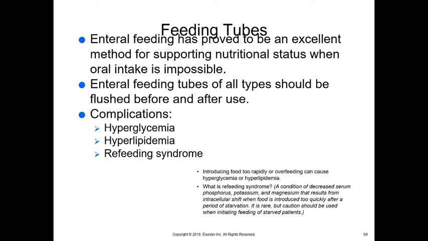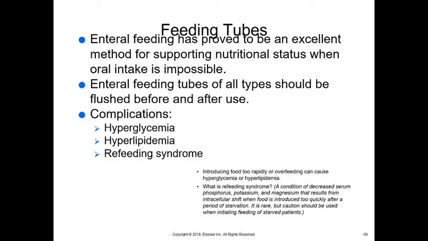We can also cause something called refeeding syndrome. When we introduce food too rapidly after they have not been eating, their body will not know what to do with the extra glucose, the extra fats, and it will cause them to go into this syndrome called refeeding syndrome, where we have decreased phosphorus, potassium, and magnesium that results in an intracellular shift when the food is introduced too quickly after a period of starvation.